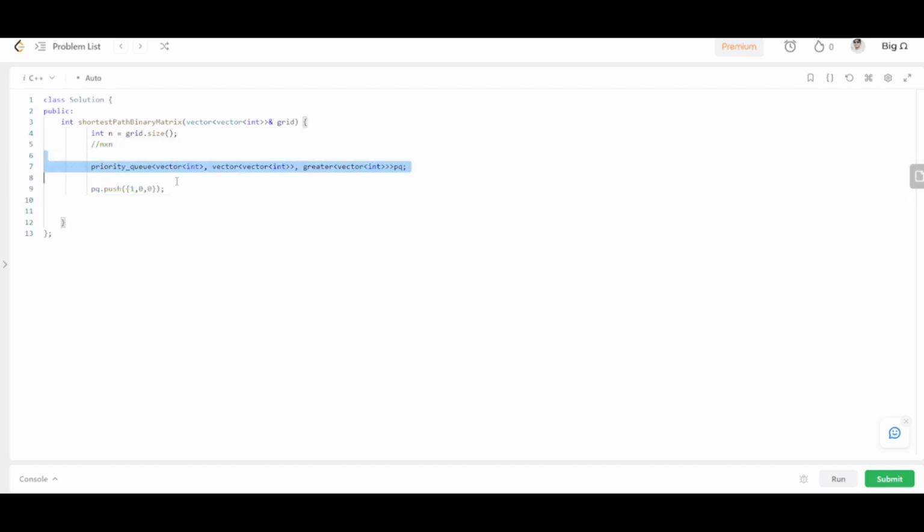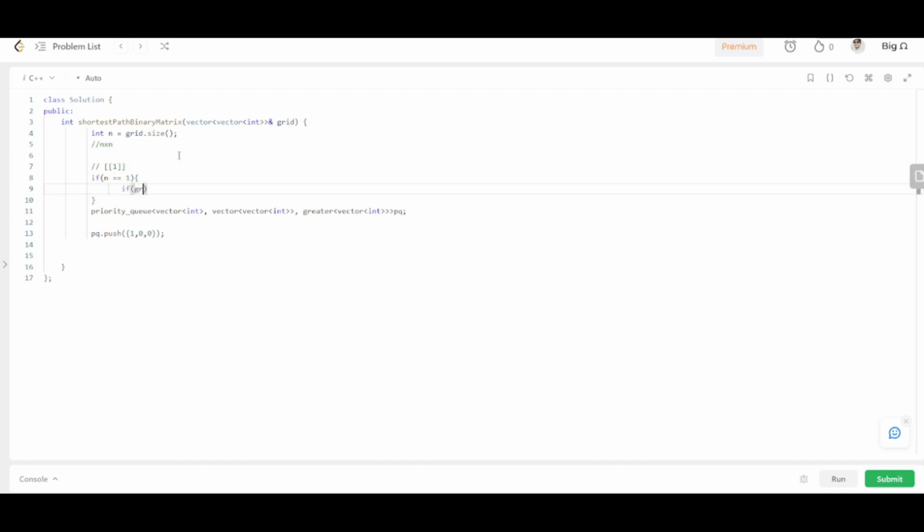Also we have to handle base cases. Think about the case when we have a grid containing only one cell, and that cell contains 1. If n is equal to 1, and the only cell that we have in the grid contains 1, then it is not possible, and in that case I will return -1.